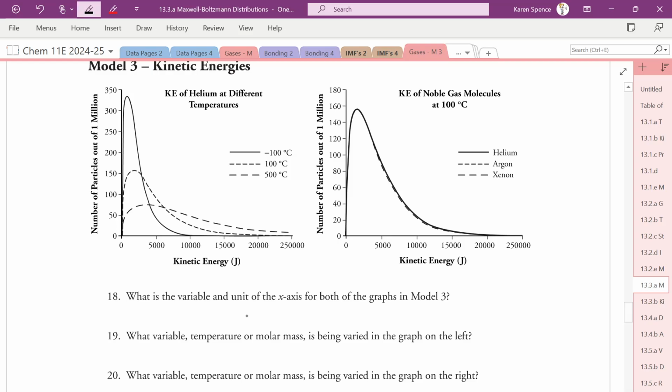It is kinetic energy, in joules. What variable, temperature or molar mass, is being varied in the graph on the left? Temperature.